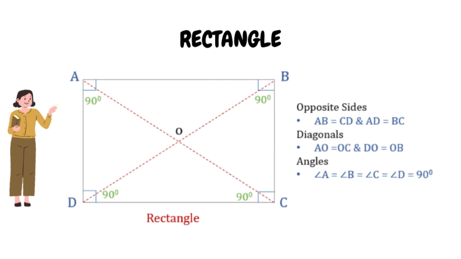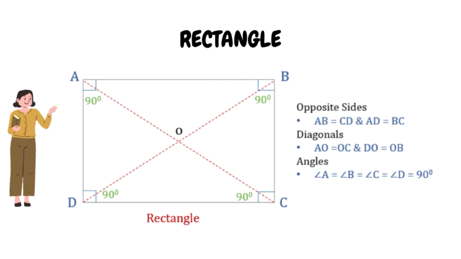Also, the diagonals of a rectangle bisect each other. So in the given figure, diagonals AC and BD bisect at point O. So OA is equal to OC and OB is equal to OD. One of the important properties of a rectangle is that each angle of a rectangle is a right angle.